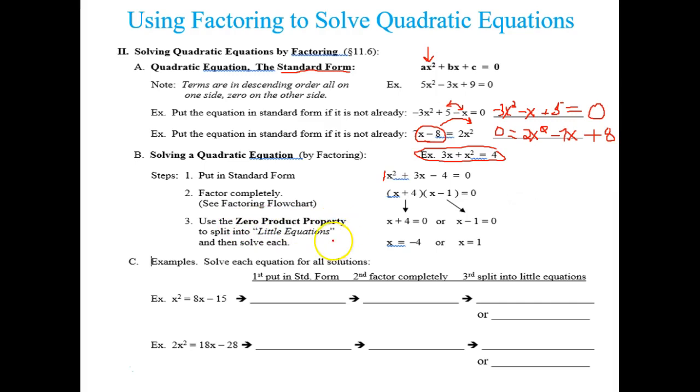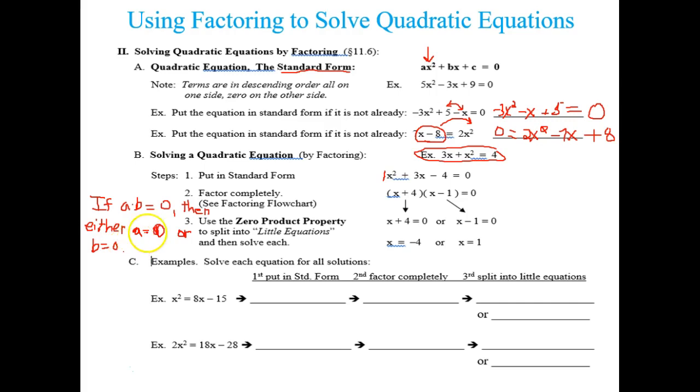All right, let me write the zero product property. Okay, I wrote the zero product property over on the left side here. It says if A times B equals 0, so if I have a product equaling 0, then either the first thing, A, was 0, or the second thing is 0. Or it could be both, but at least one of those has to be 0, right?